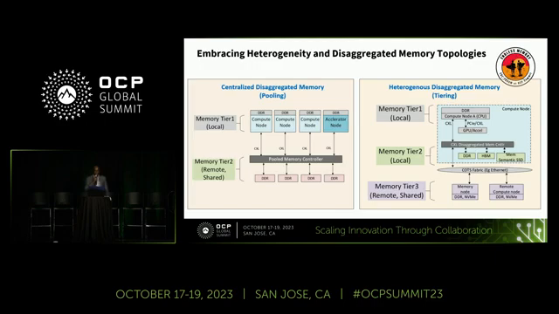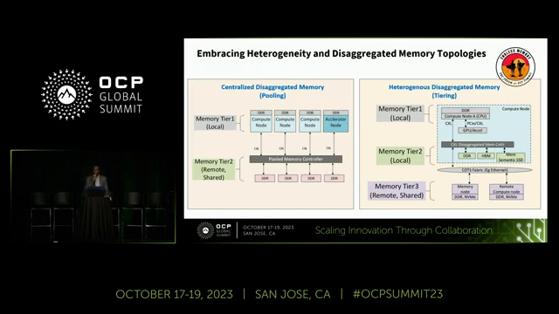So the local memory tier, or tier 2 memory, right? Even though it is physically local to the node, it is still shared amongst all the compute entities on that node. That means if you have a GPU or another accelerator, it can be used for that as part of system memory also. So all the memory that is sitting behind the CXL disaggregated memory controller shows up as a single NUMA node. It doesn't matter whether it is implemented via DDR, HBM, or SSDs, or it's over the network.